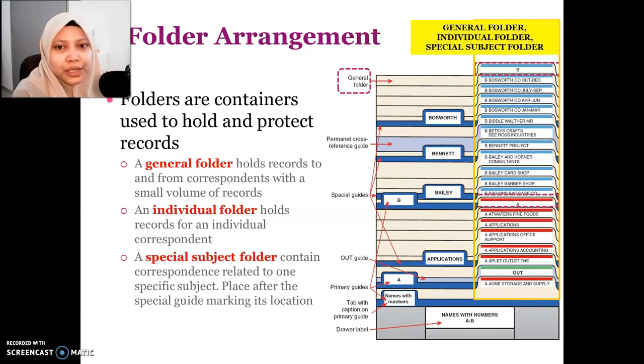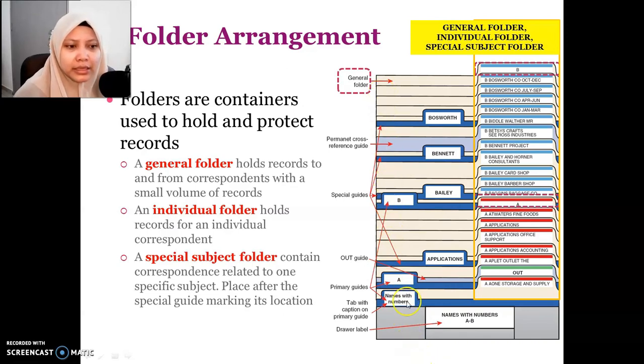So when you want to search, for example for barley cut shop, having that special subject folder for that particular subject makes it easier to access the data or information. What is meant by straight line just now? Straight line means that when we open the drawer, we read in a straight line.